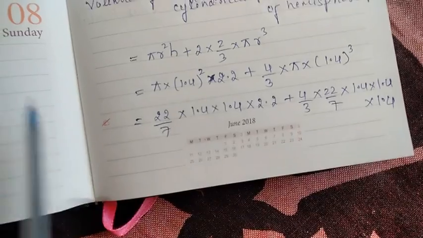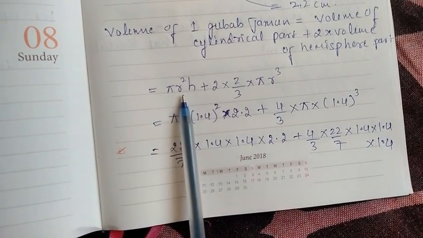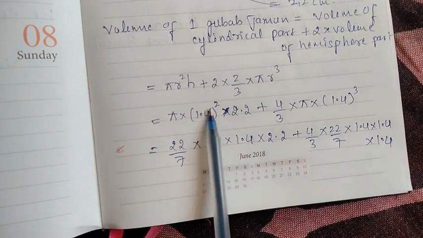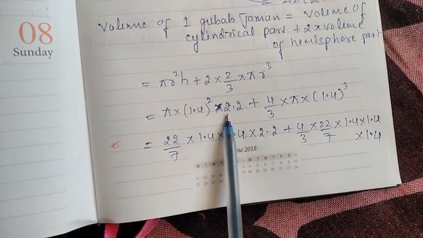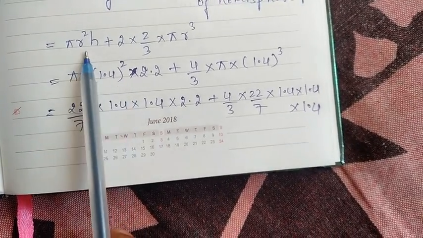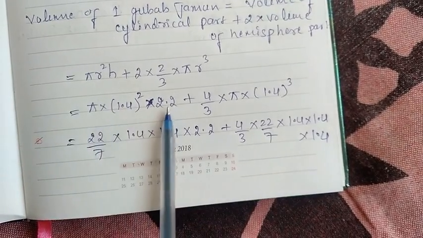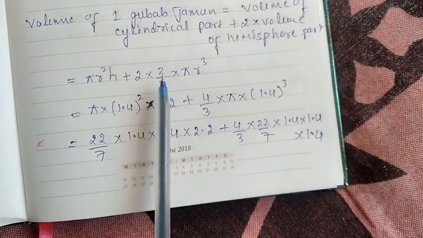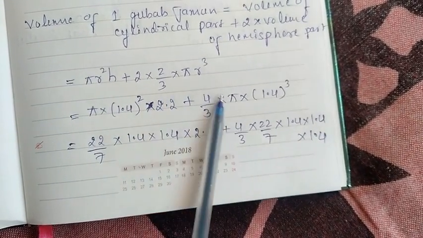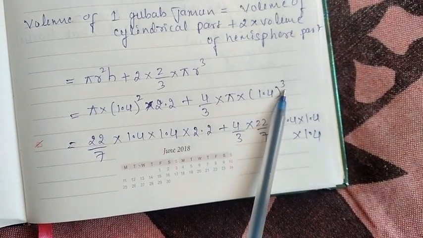Then put the values. Pi keep as it is, pi into r square, the radius is 1.4, so 1.4 square, into the height of the cylinder, 2.2, plus 2 times 2 is 4, 4 upon 3 into pi, keep as it is, r cube, 1.4 whole cube.